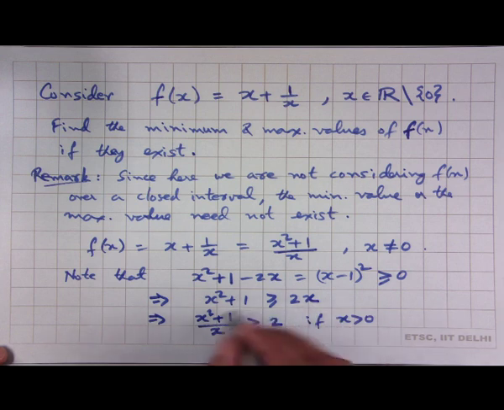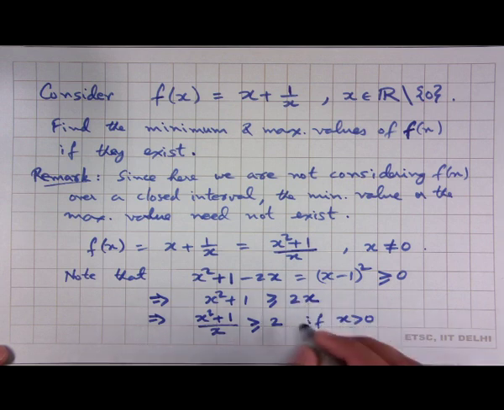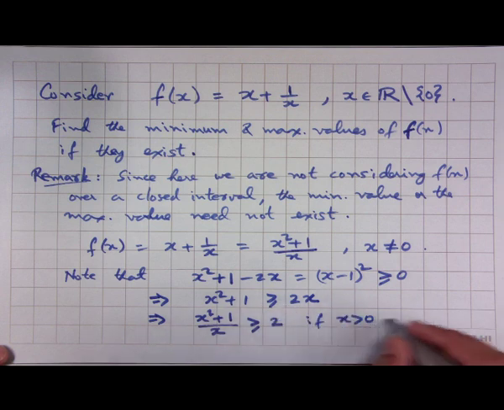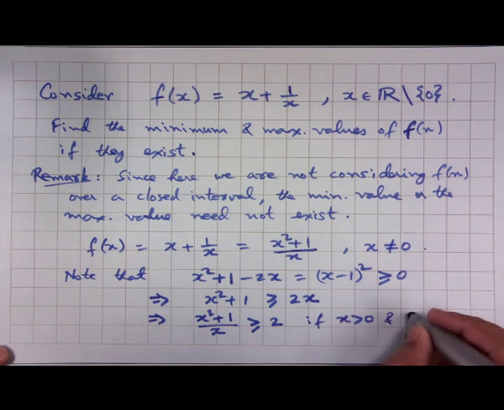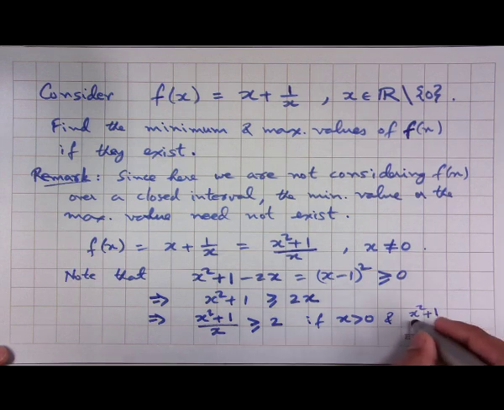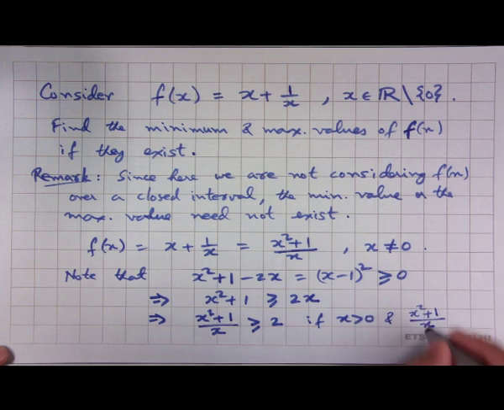And if x is negative, then this will become 1 by x. Of course, in this case x square plus 1 is always positive and x is negative. So, this will be less than 0 if x is negative.